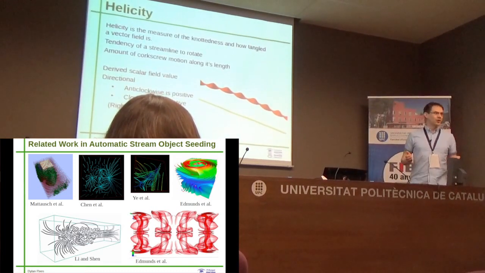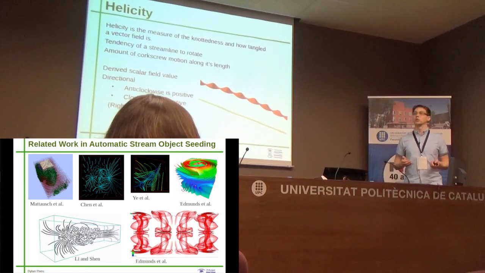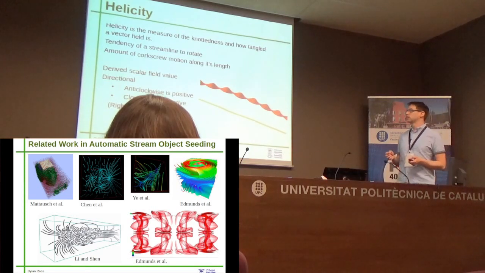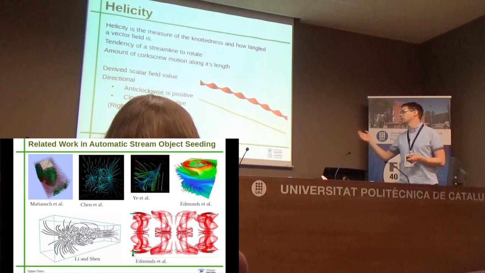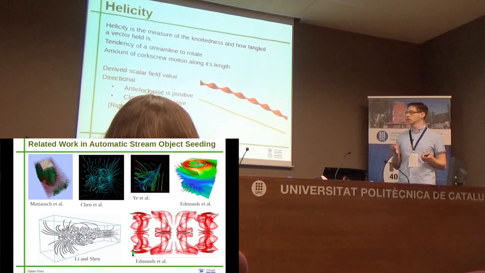So helicity of the flow, what is helicity? It's the measure of how knotted or how tangled the flow is. You can think of it as the tendency of the streamline to rotate, or corkscrew motion, which you can see in the ribbon here. We have two ribbons here. The top one you can see is all twisted. So you can see it's quite a very high helicity on this stream ribbon.